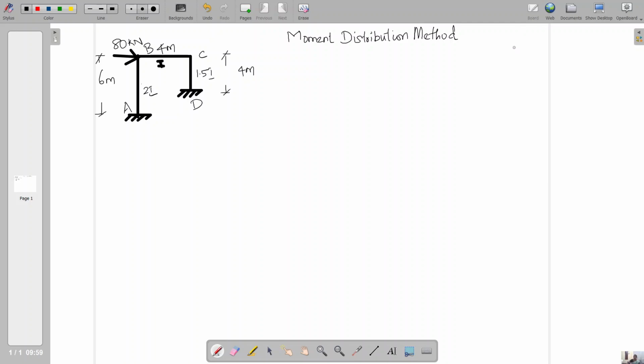The overall general steps: first one, non-sway analysis. That is, we have to analyze the frame not considering the sway condition. Second one, sway analysis.